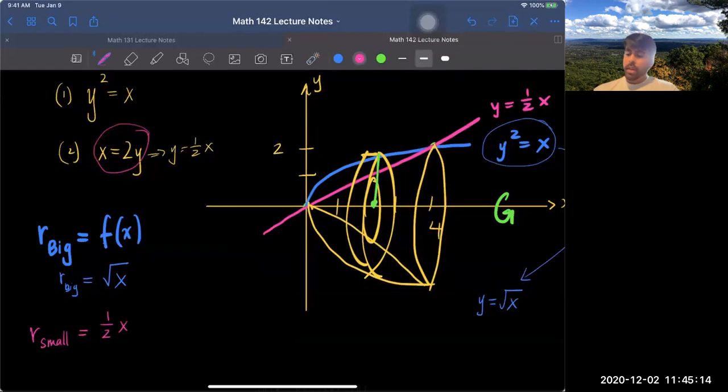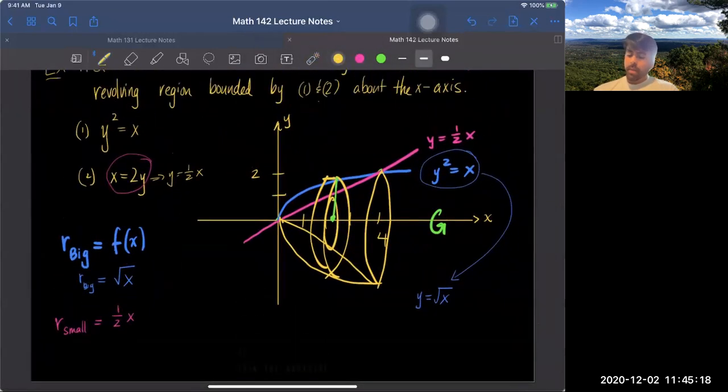And then how do I set up my integral now? What would be the setup? What would be the volume of my solid? It would be pi, and I'm integrating from what to what? So my bounds of integration are different, right? They're dependent upon the x values.